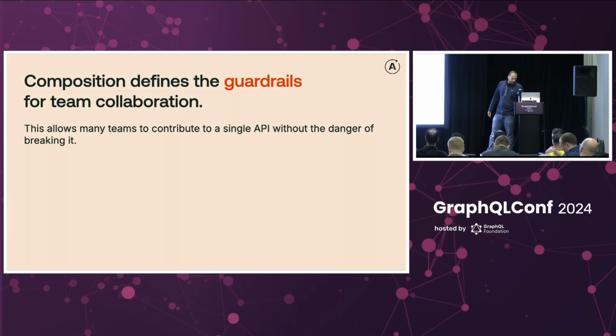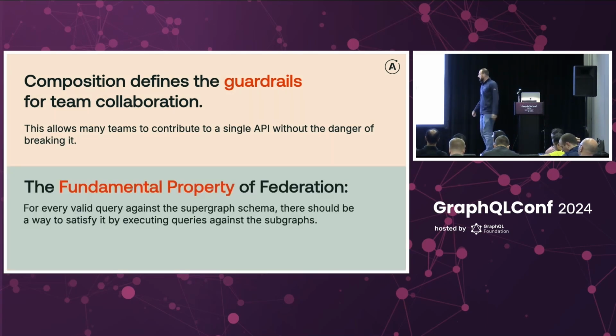And the way we think about this, define this, is in terms of what we've called the fundamental property of federation. And this is a very informal way of stating it. It's actually a fairly complicated part of the process of composition.